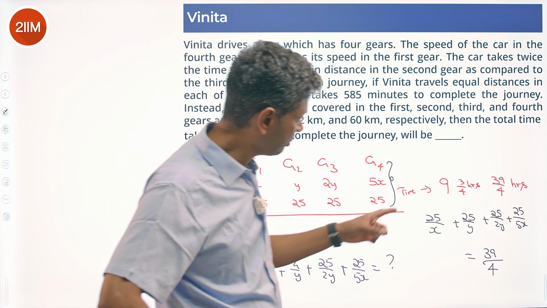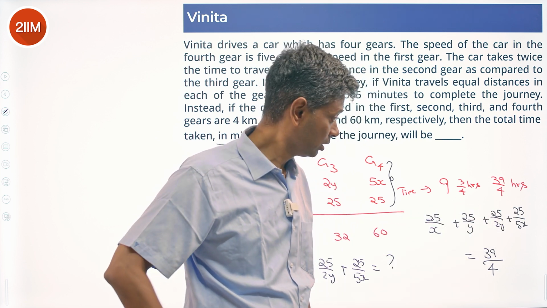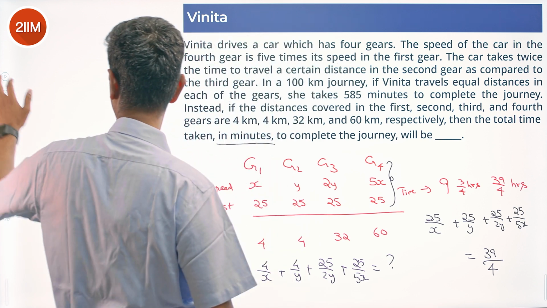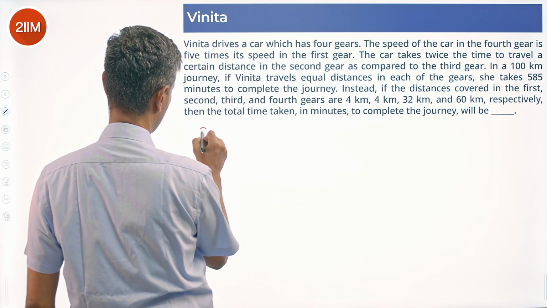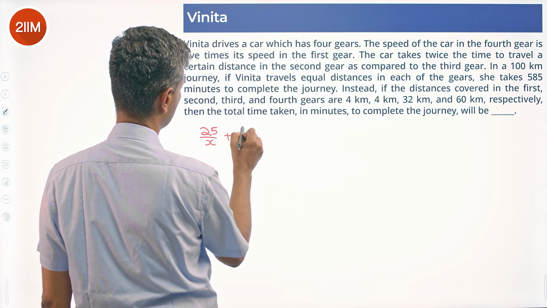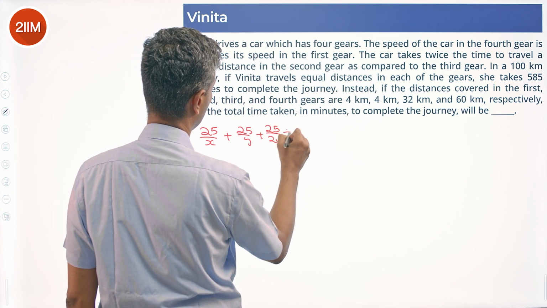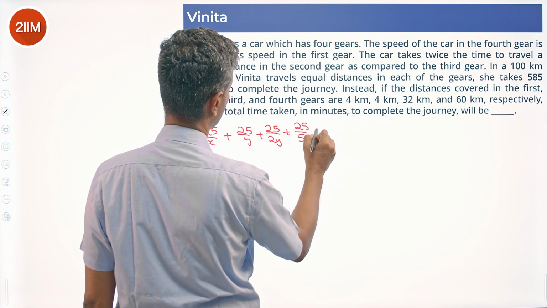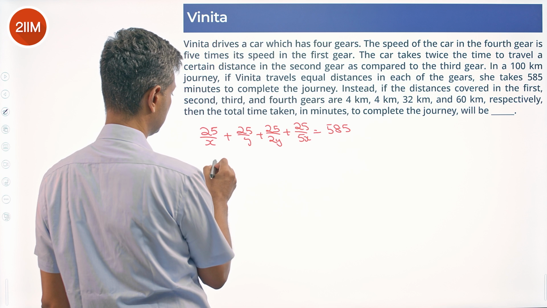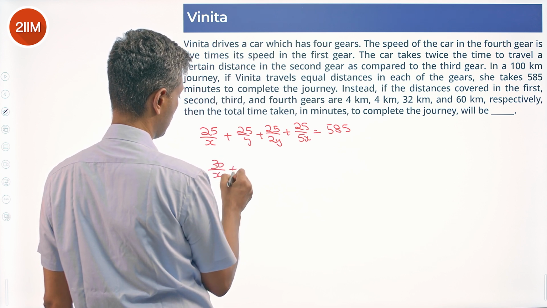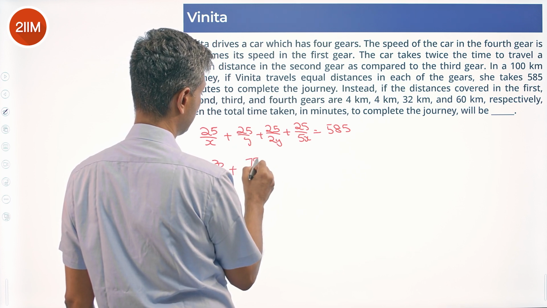Lovely. So 25 by x plus 25 by 5x. 25 by 5x is 5 by x. So this is 30 by x. We'll reframe that equation. The first one, sorry. 25 by x plus 25 by y plus 25 by 2y plus 25 by 5x is 585. 25 by x plus 5 by x is 30 by x, plus 50 by y plus 50 by 2y plus 25 by 2y is 75 by 2y.